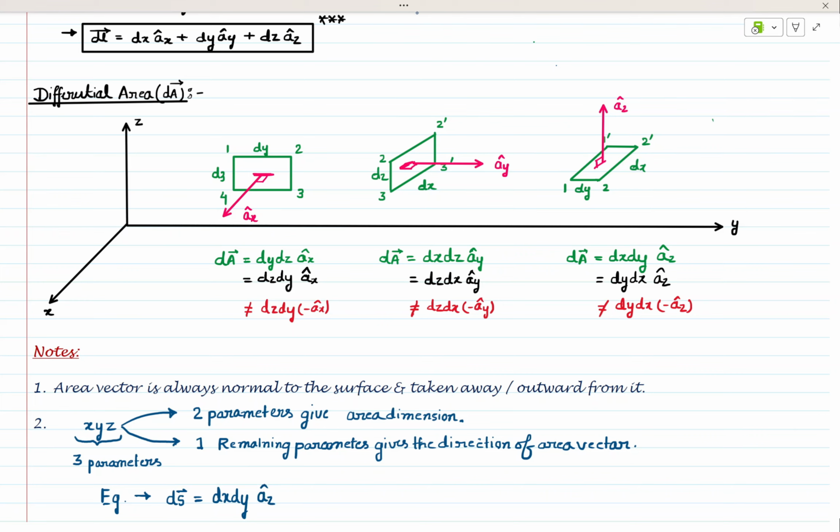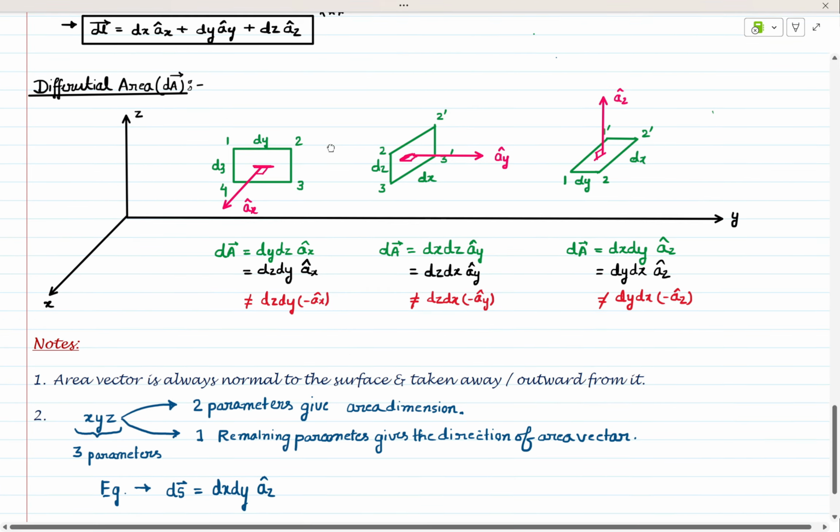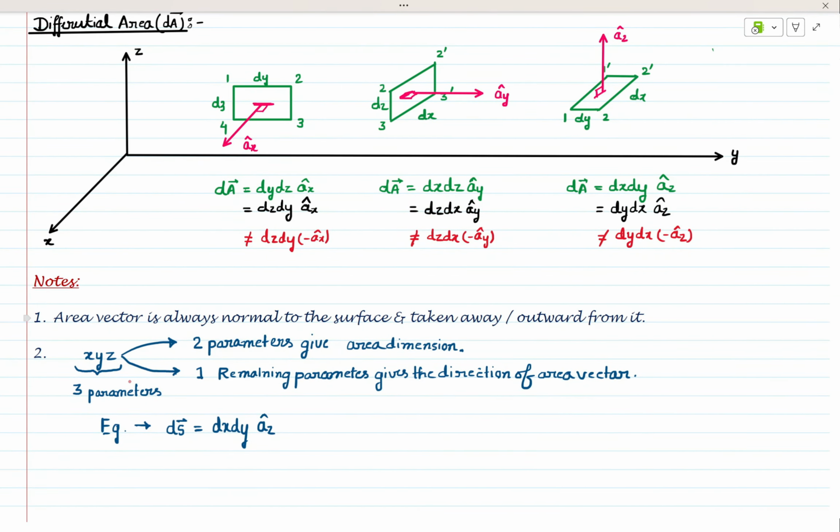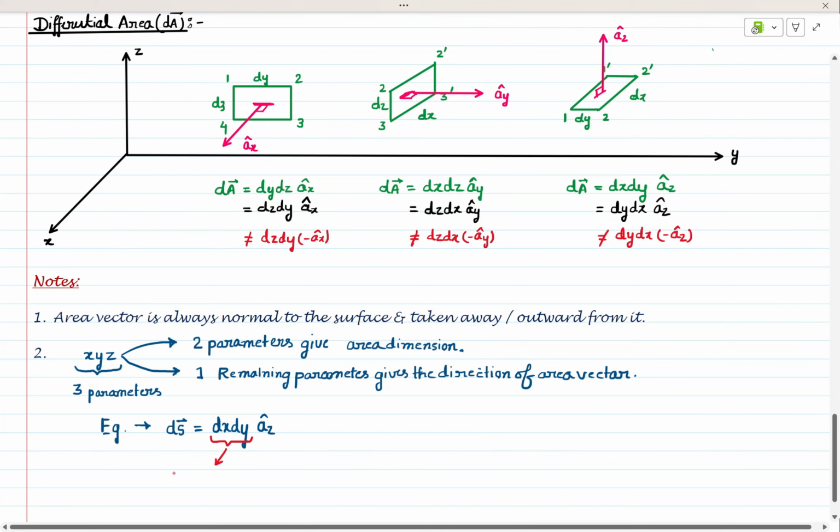Here what I have done is, I have used x and y. Xy used for what? Area dimension.